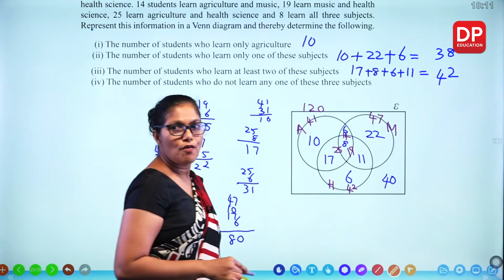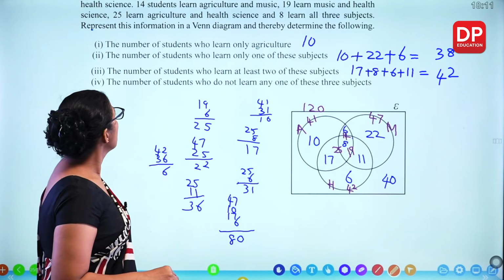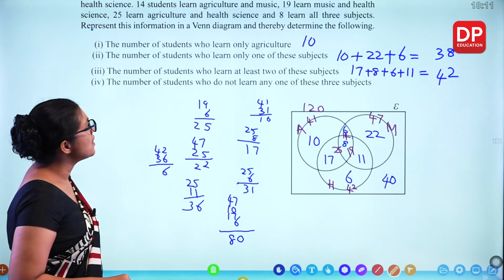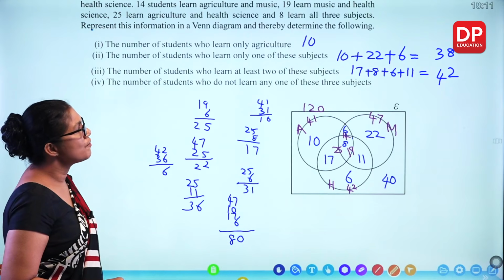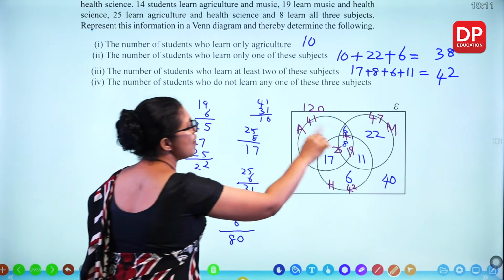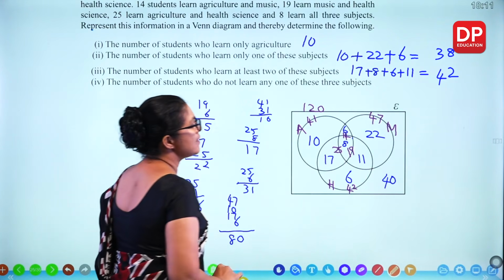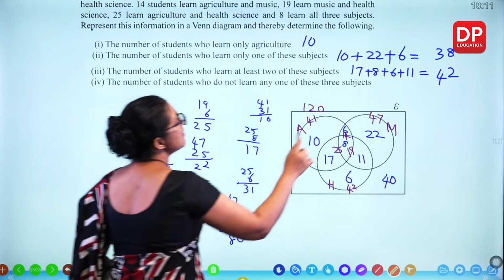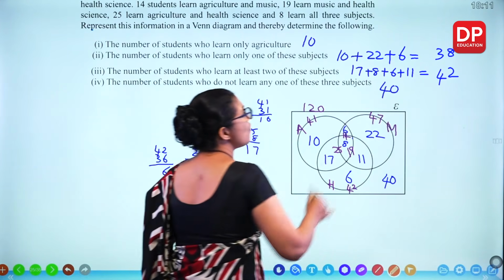Answer is 42. Last one, the number of students who do not learn any one of these 3 subjects. Any one of these subjects means outside this circle, 3 circles, that means 40.